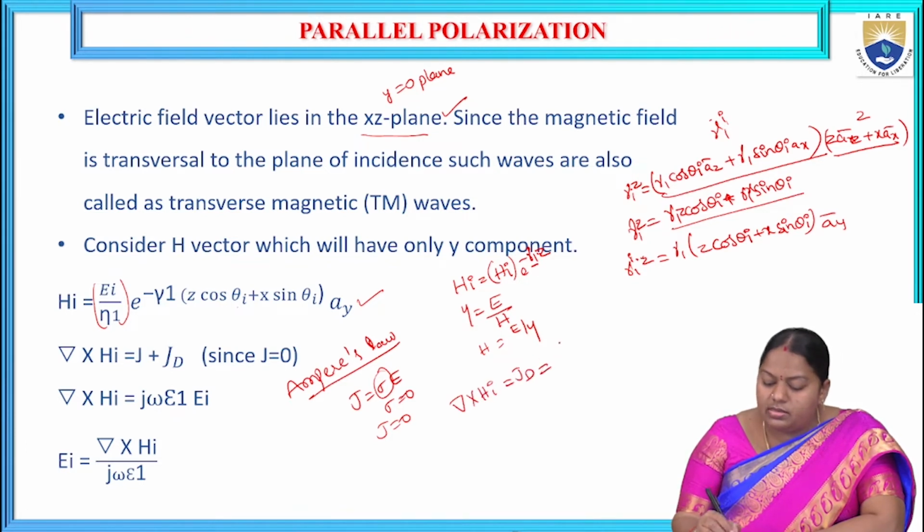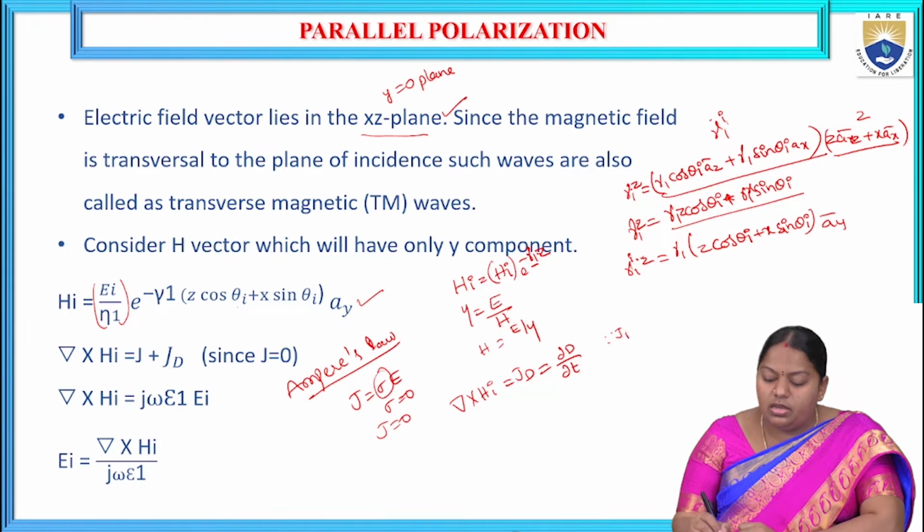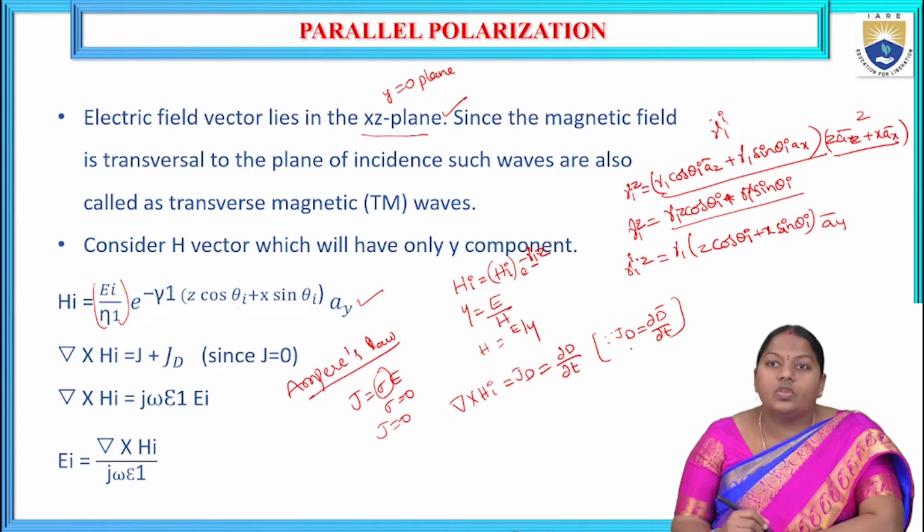So this Jd, the displacement current density, can be written as dou D by dou t, where D is a vector.